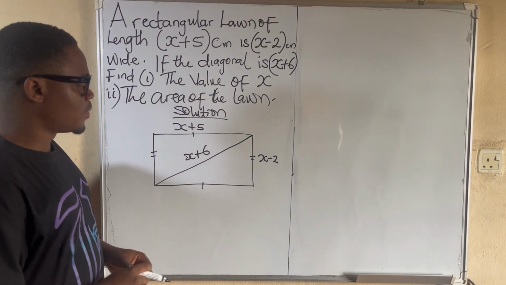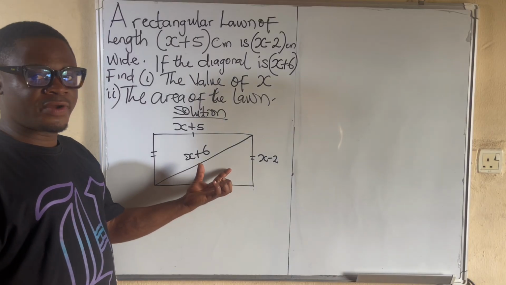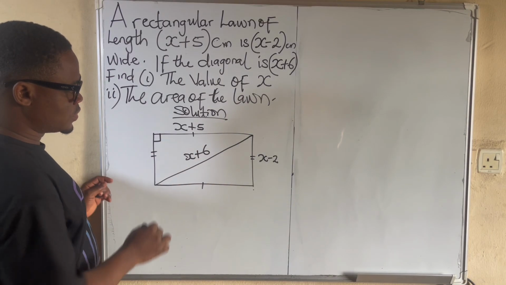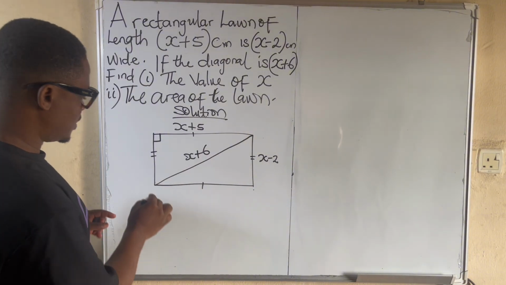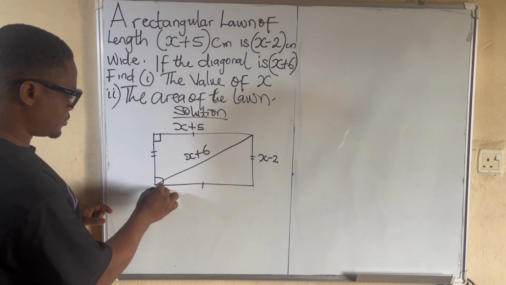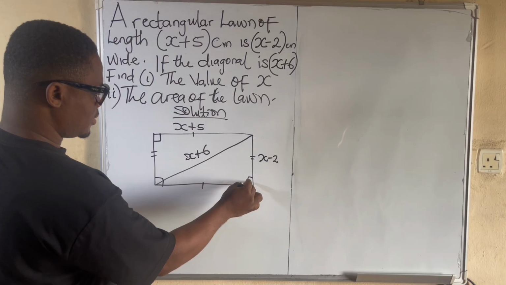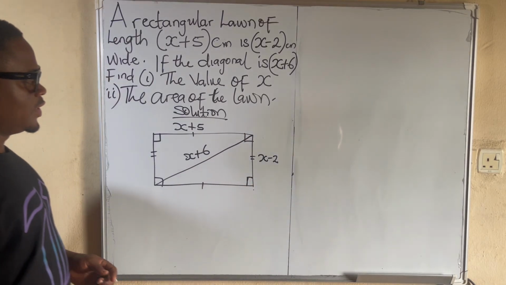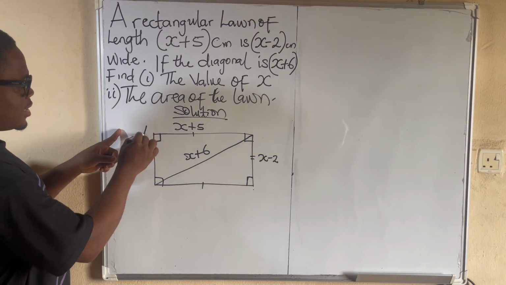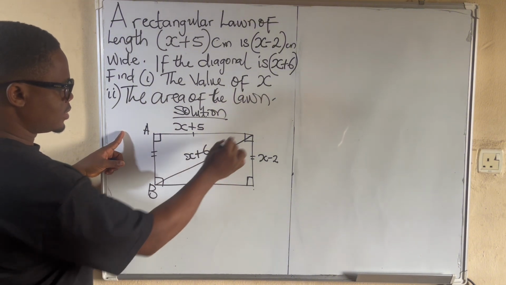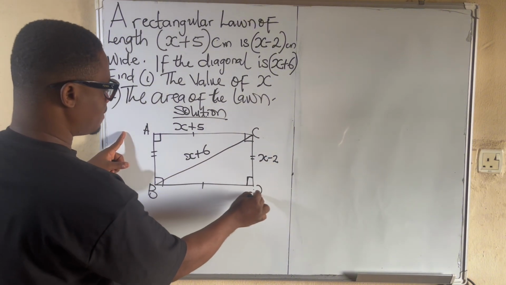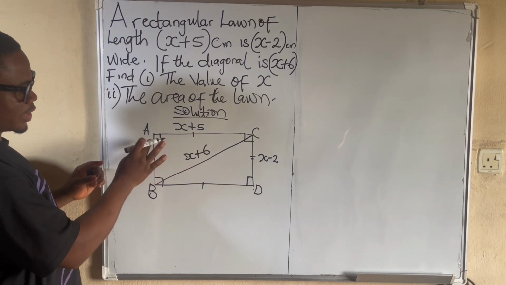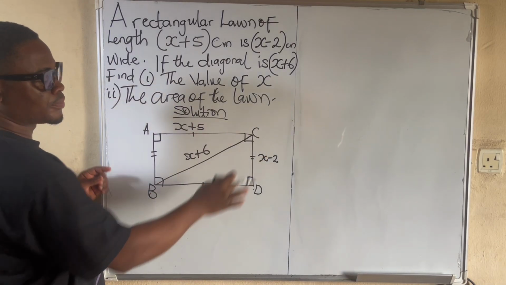In order to solve this problem, for a rectangle, we know that all the interior angles of a rectangle are equal to 90 degrees. So in solving this, we can call the corners A, B, C, and D. Let's consider this triangle here, the triangle ABC.